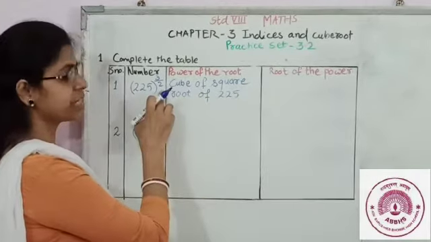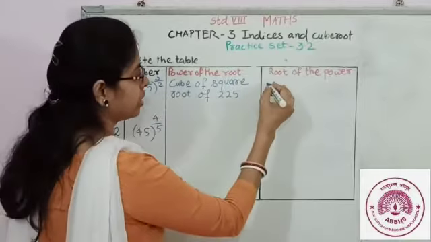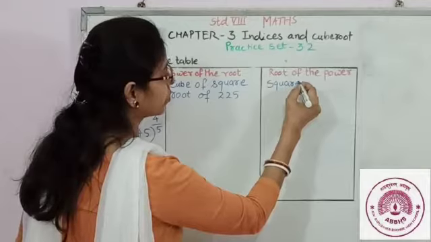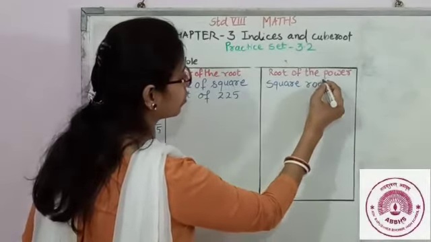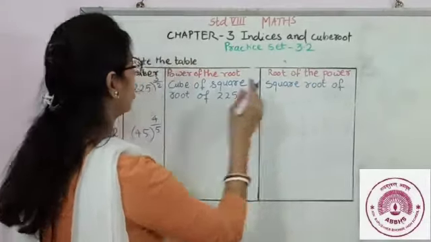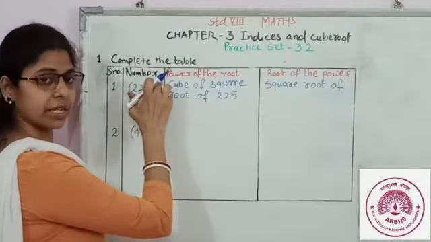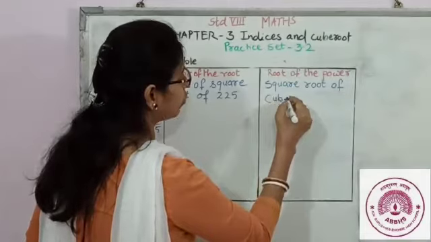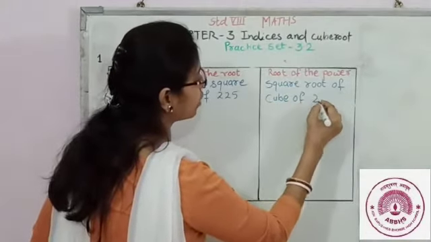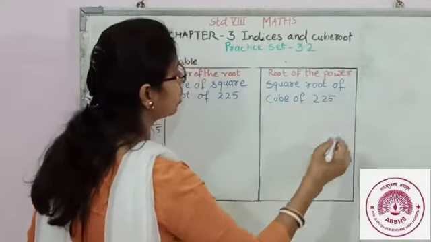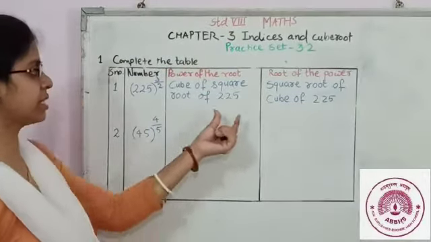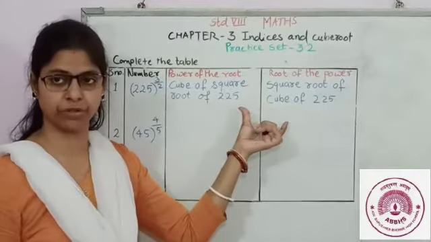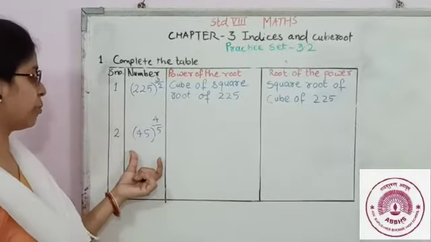So root here is square root. So we can write square root of, then power is cube. So square root of cube of 225. So we can write the same number in both the ways. Okay. Let's see question number 2.